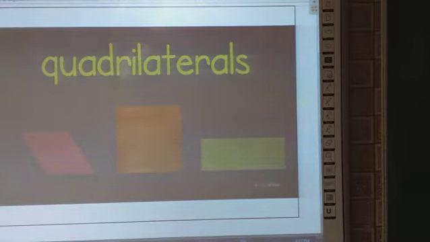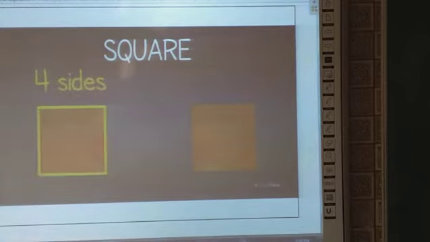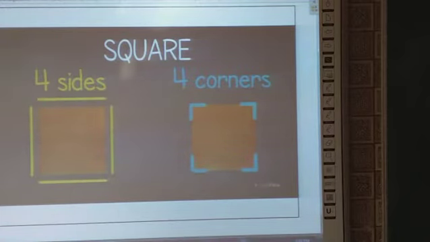Let's have a look at these quadrilateral shapes. This is a square. Here are its 4 sides and its 4 corners. Each side of a square is the same length as the other sides.